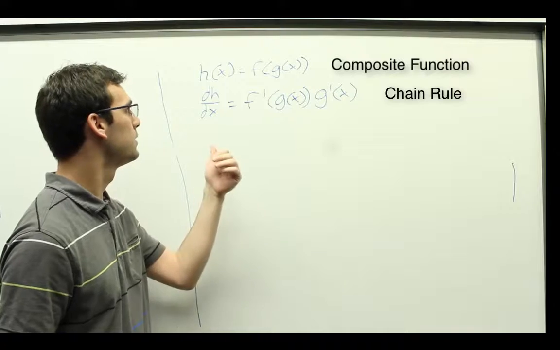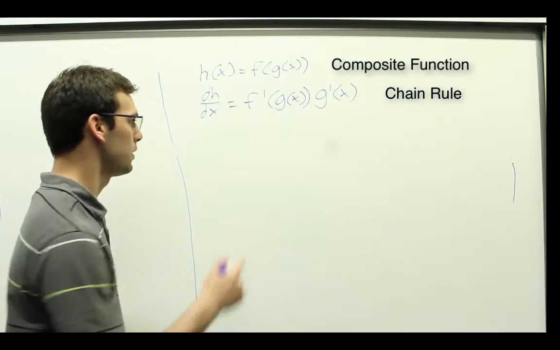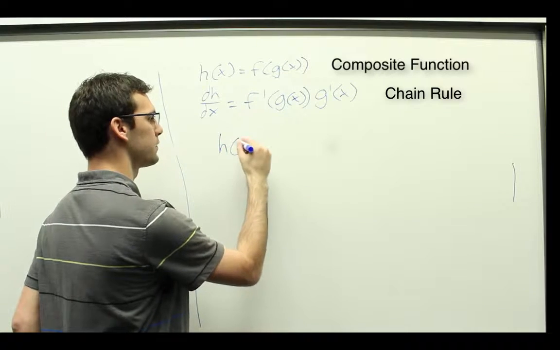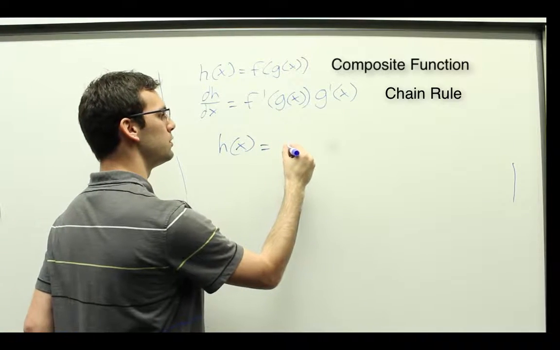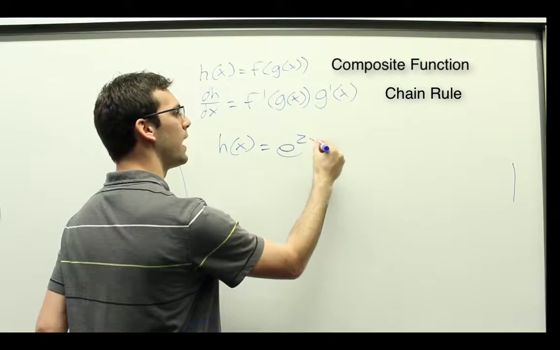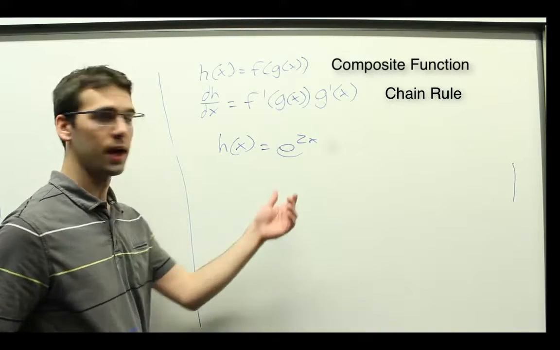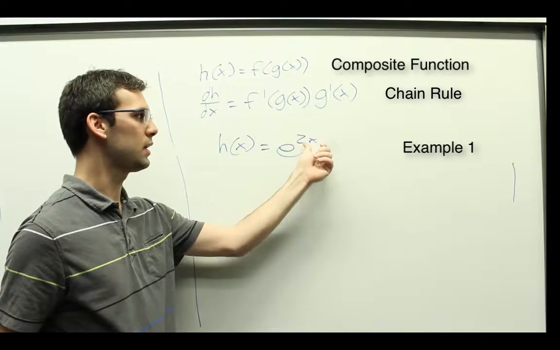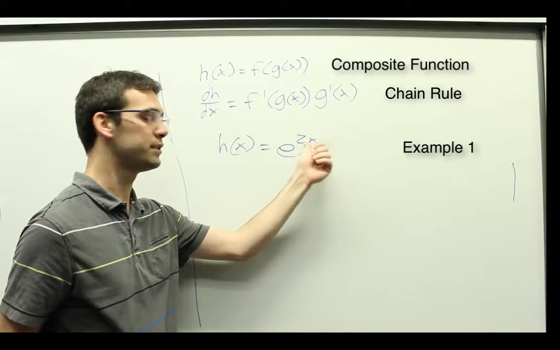so that you can kind of see how it works. So let's say we have a function h of x equal to e to the 2x. So we can see that this is a composite function, e to the something, and that something is 2x.